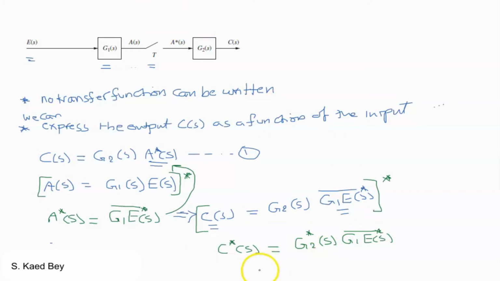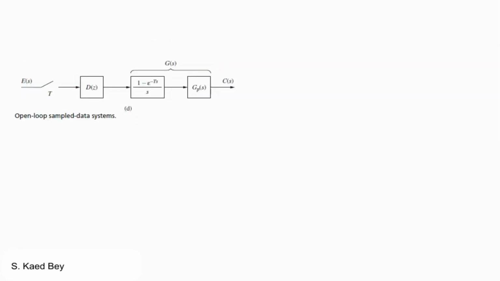This becomes C of Z equals G2 of Z multiplied by G1 E in the Z domain.